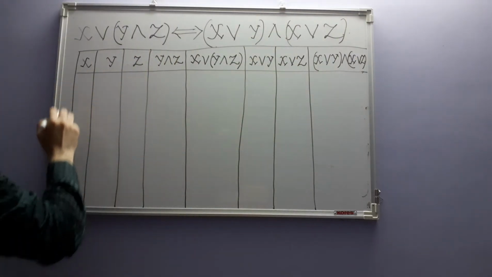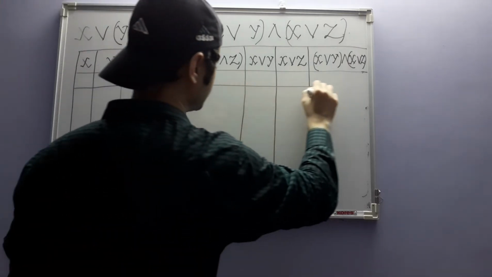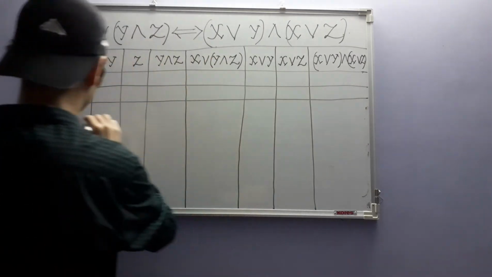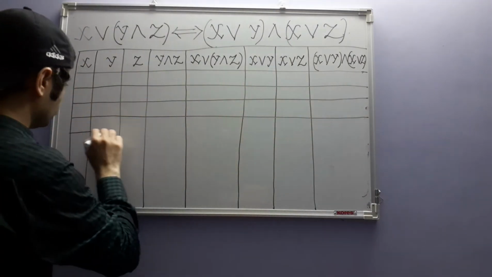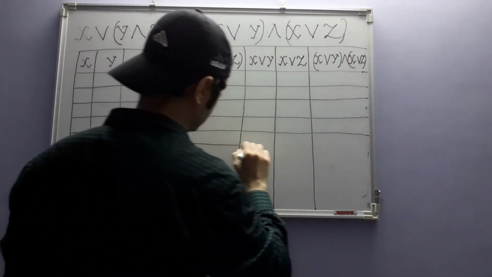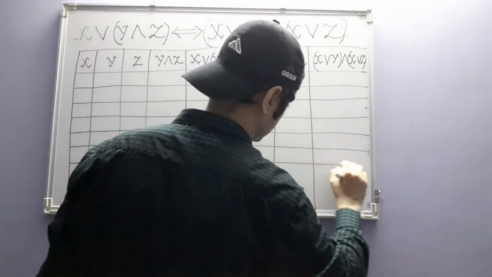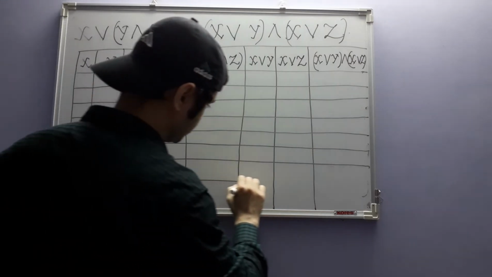Now we need 8 rows. 1, 2, 3, 4, 5, 6, 7, 8.